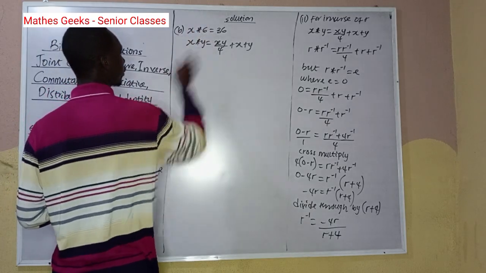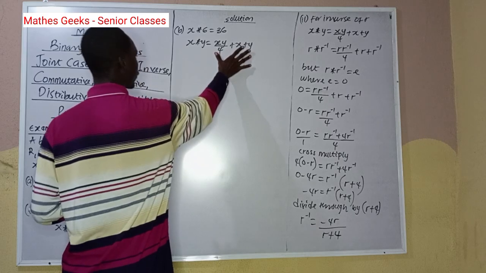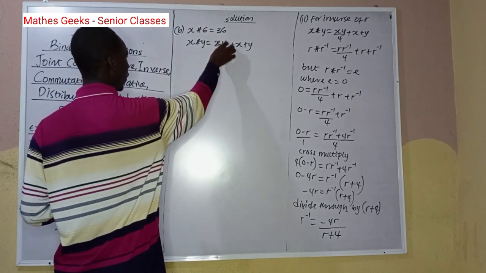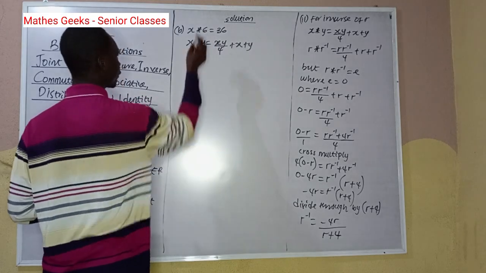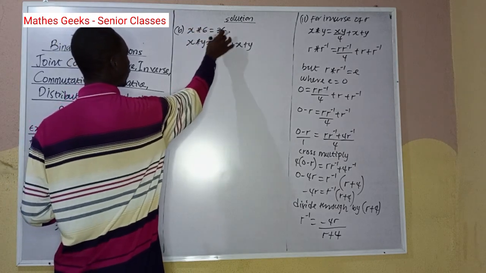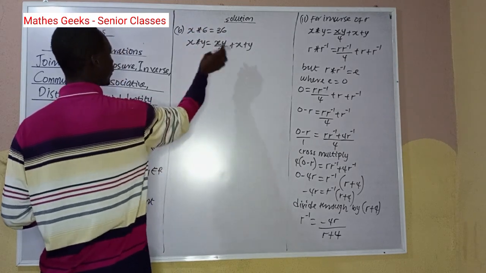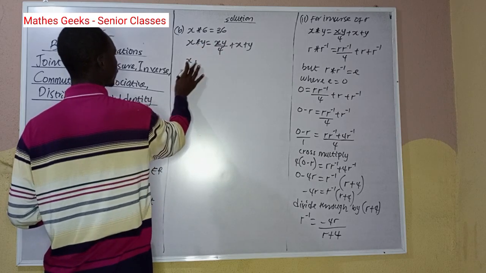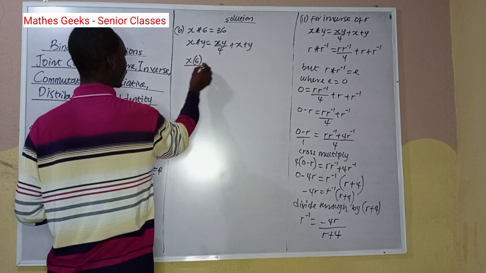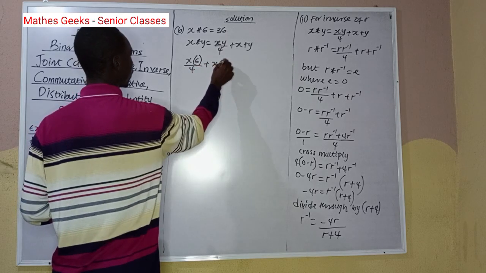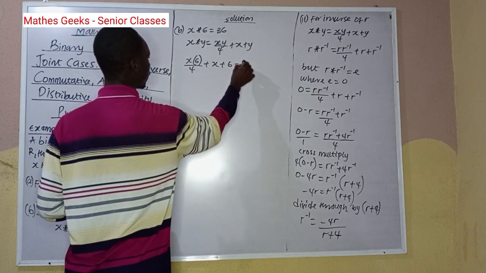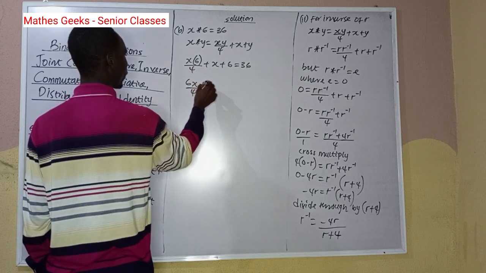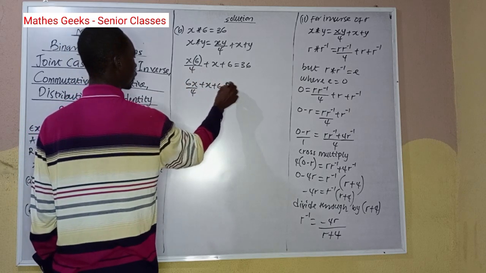Wherever we have x, we put our x there, and y will become 6. So x star 6 is equal to 36. So x times 6 over 4 plus x plus 6 is equal to 36. So 6x over 4 plus x plus 6 is equal to 36.